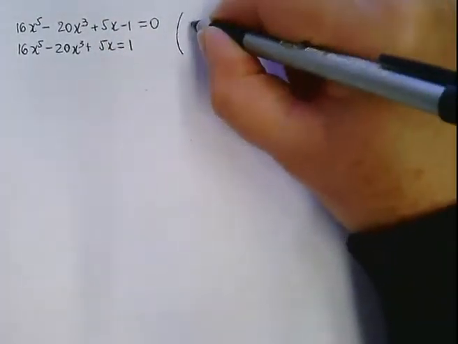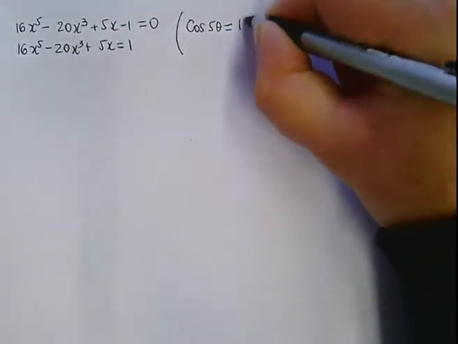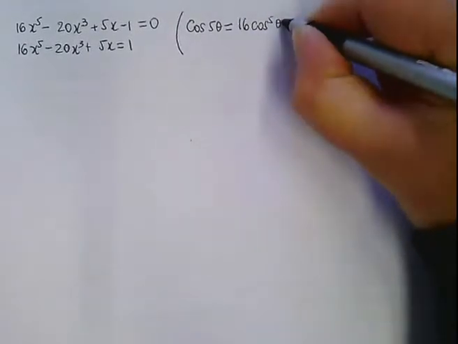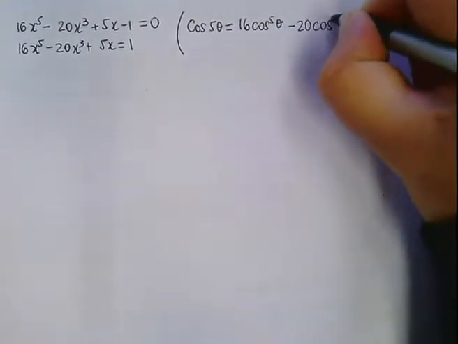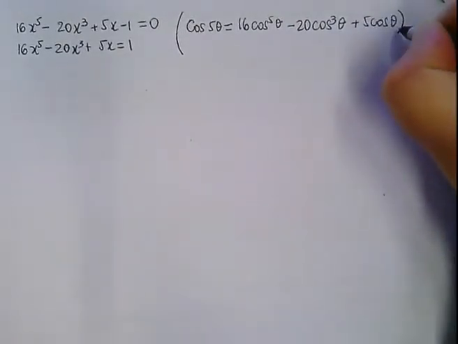Remember that we've got cos 5 theta from the previous page equals 16 cos to the power of 5 theta minus 20 cos cubed theta plus 5 cos theta.